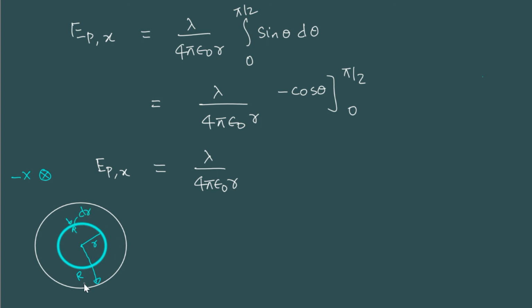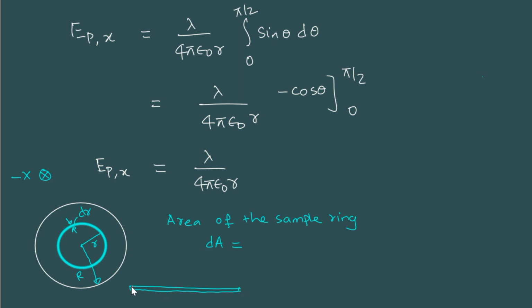Now how do I get the area of the sample ring? The area dA will be, you can just take a pair of scissors, cut this ring and spread it out. It will be like a belt, right?